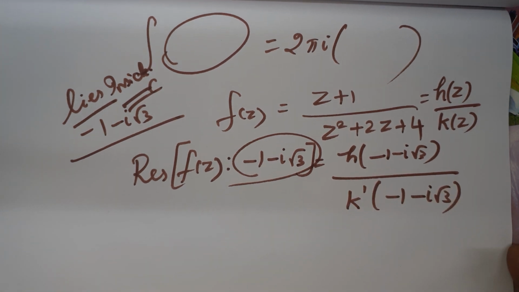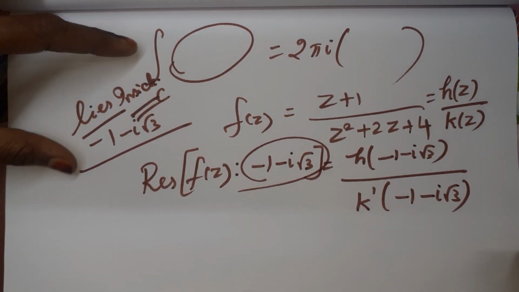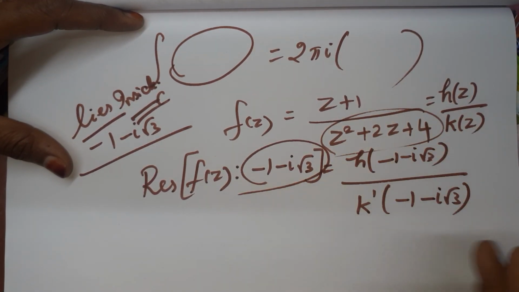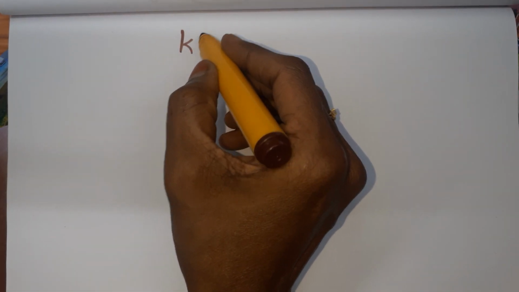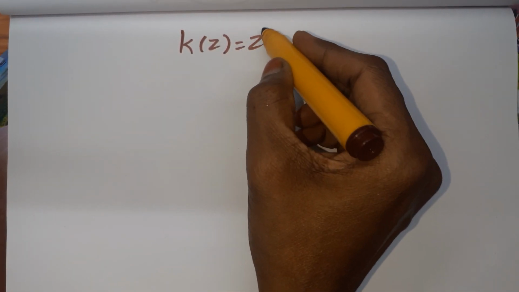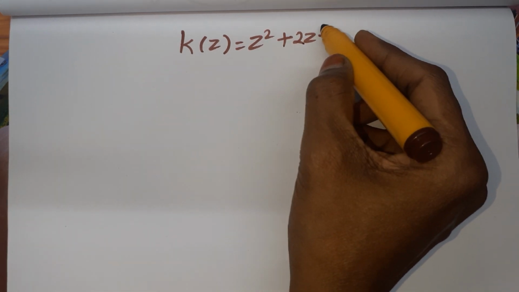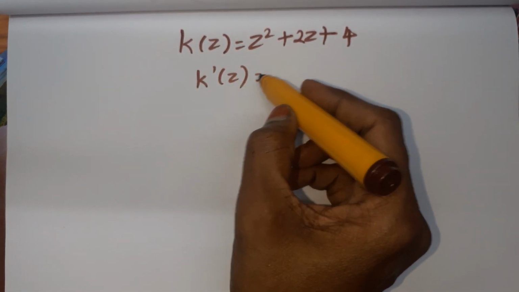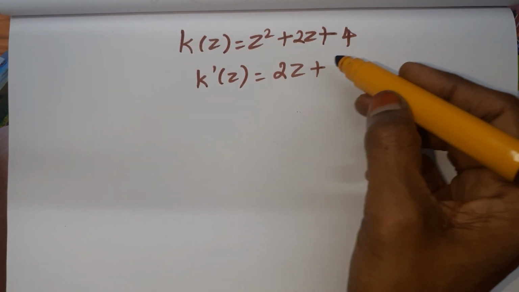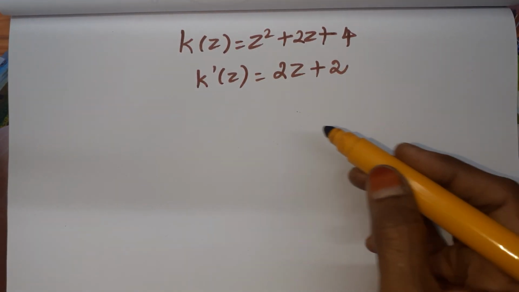This is the formula which we are going to use now. For that, first we have to find k dash. So k of z is equal to z squared plus 2z plus 4, so k dash of z is equal to 2z plus 2.